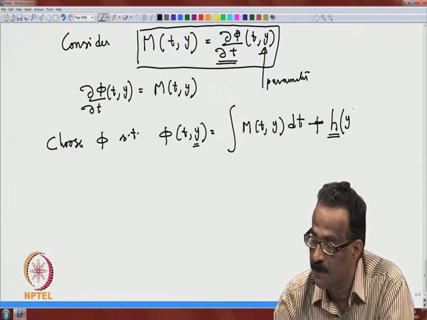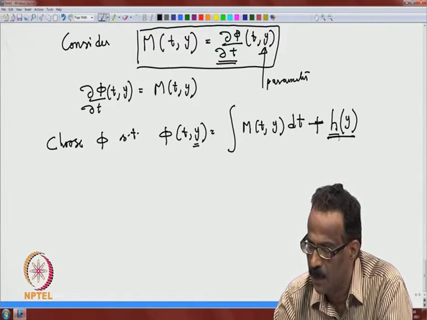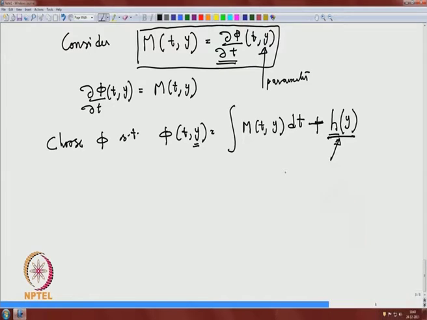So, here you have a function of y alone, and this constant is the unknown now, an unknown function in y. If you differentiate dφ/dt, you bring the differentiation inside, dm/dt, and this will vanish, and your first equation is satisfied. So, that is what you do.